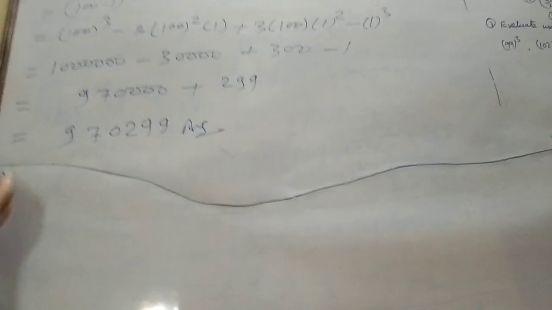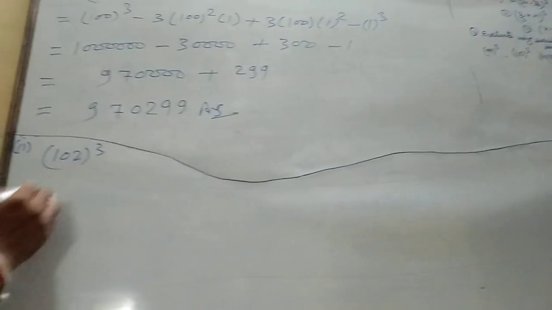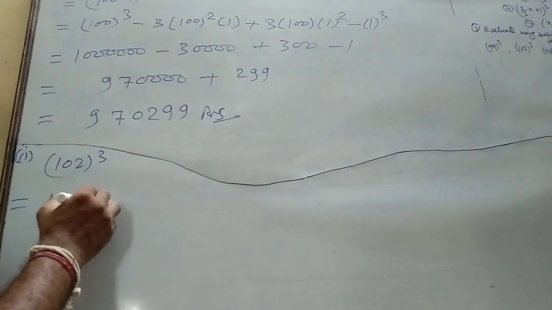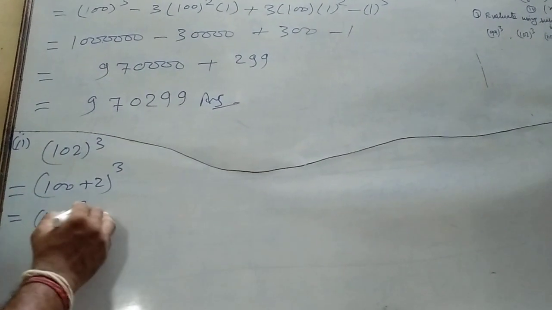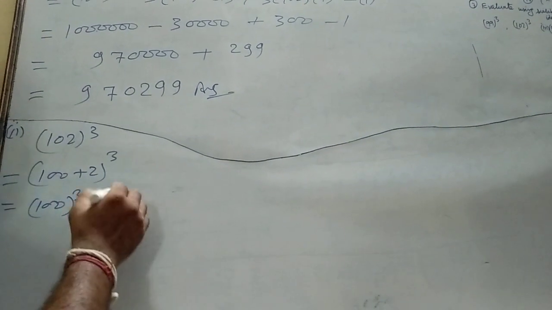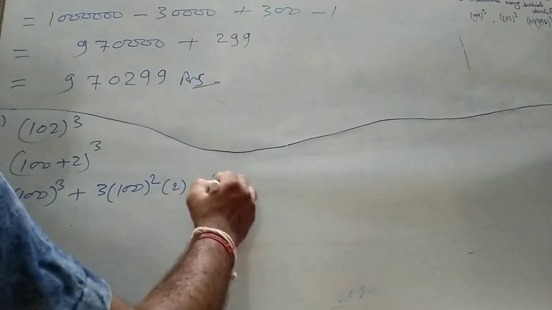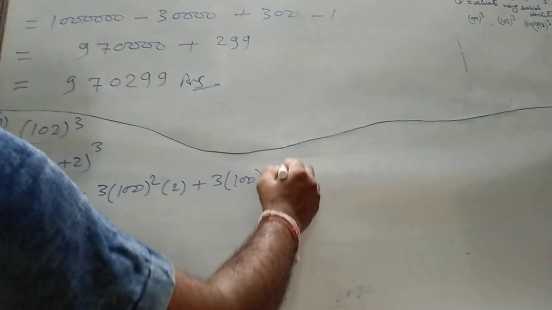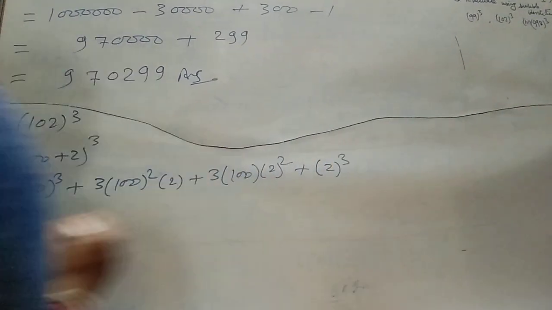Now the second part is 102³. This can be written as (100 + 2)³. That means 100³ + 3a²b + 3ab² + b³.